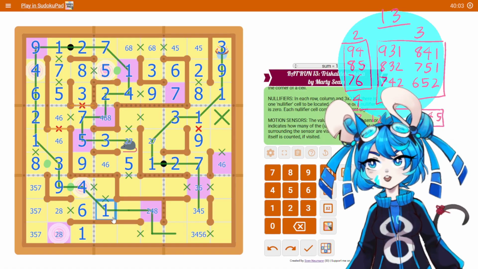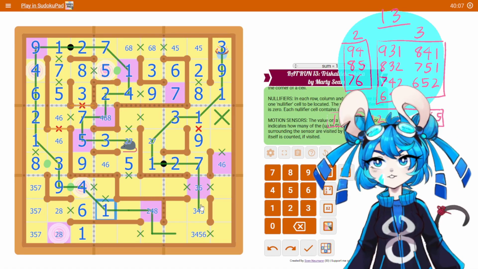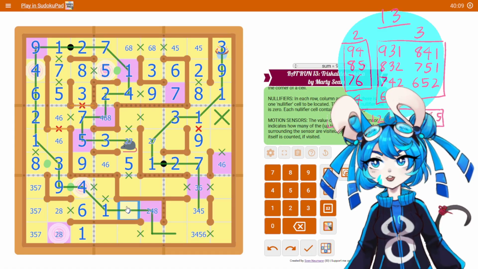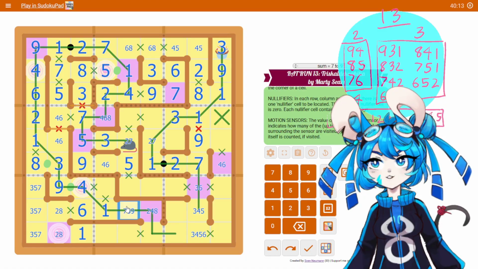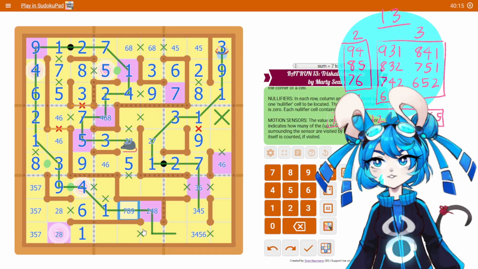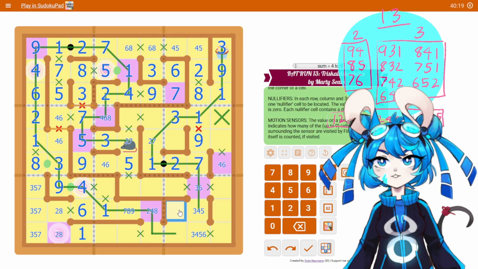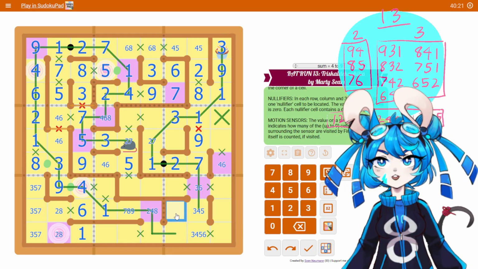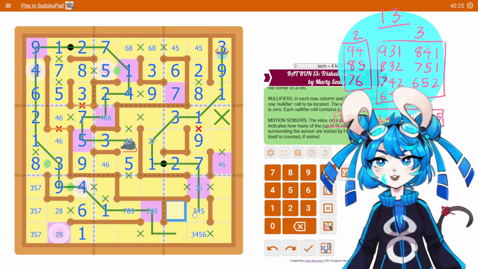3-digit combo with a 1 in it. So it could be 9, 3, 8, 4, or 7, 5. But potentially there could be another digit here. It could be like 7, 1, 7, 2, 3.